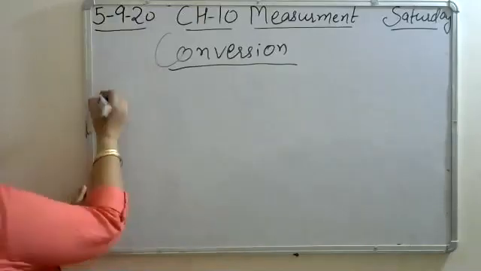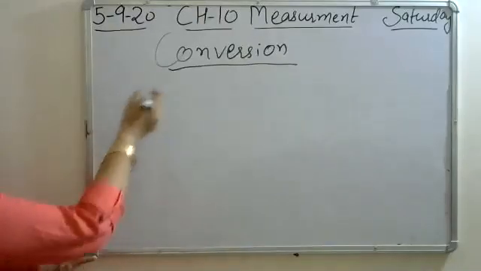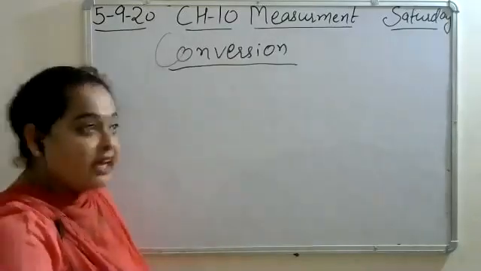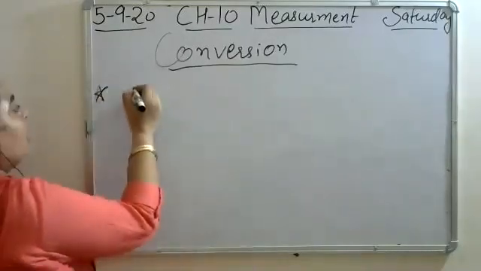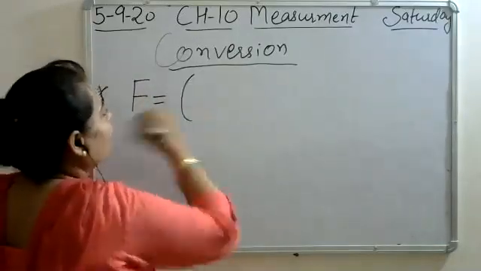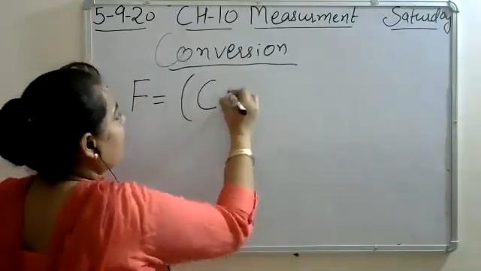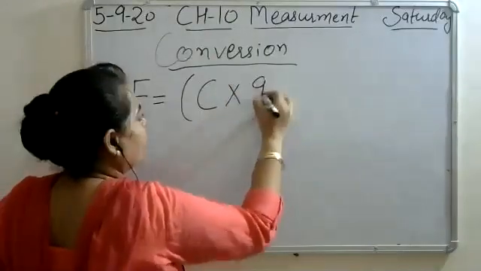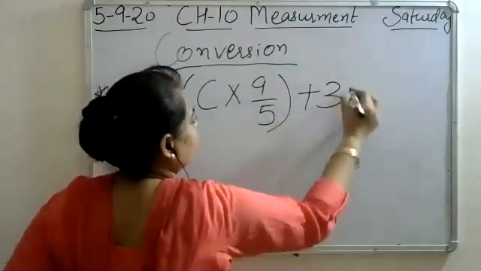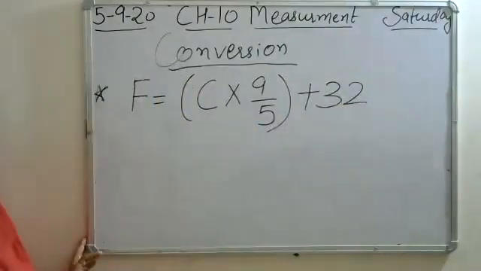Write down. To convert Celsius to Fahrenheit, you will apply the formula: Fahrenheit is equal to, under the bracket, Celsius into 9/5, plus 32. Note down.